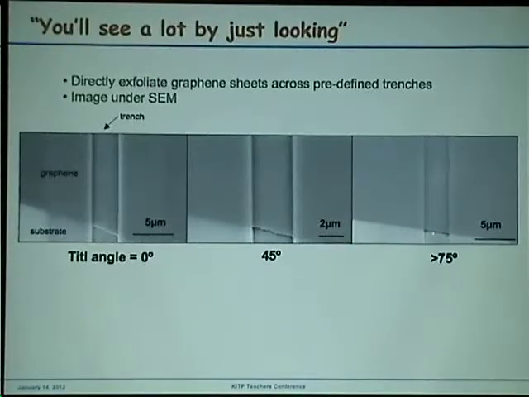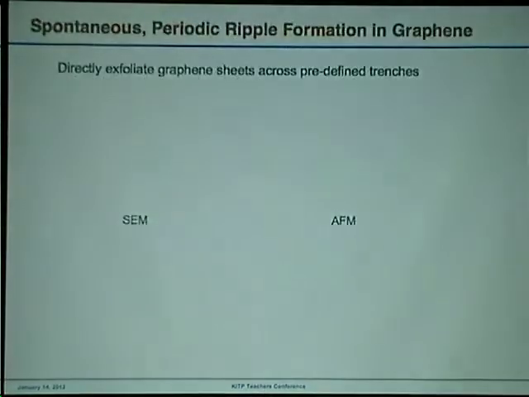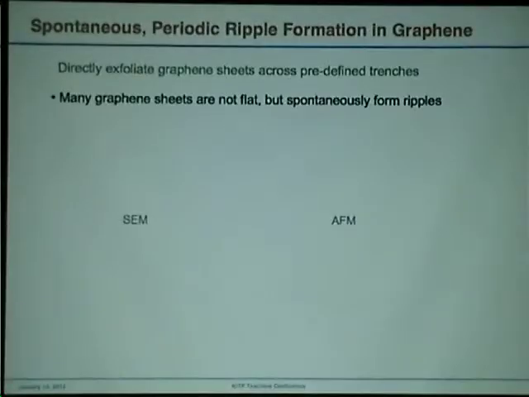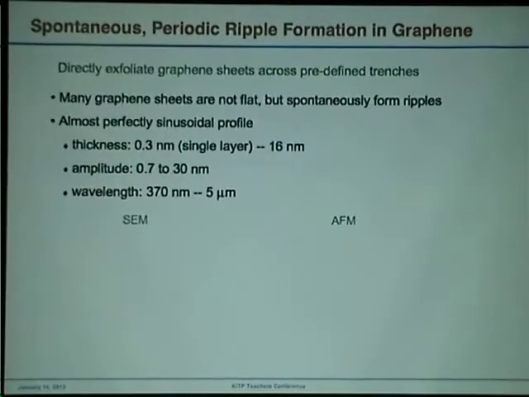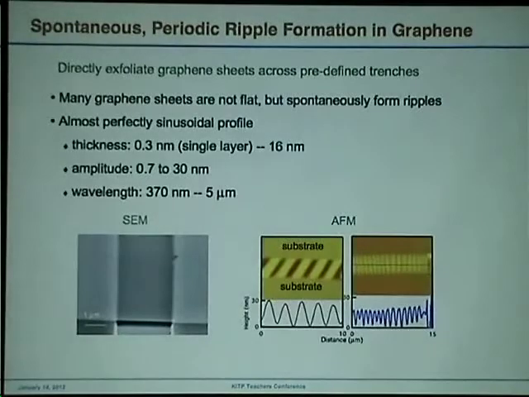These are very, very periodic fringes, and you're looking at it almost from the side. So what are those? Those are actually ripples. They spontaneously form ripples. This is another electron image, and this is AFM. Again, Jim talked about using this tip, the atomic force microscope.